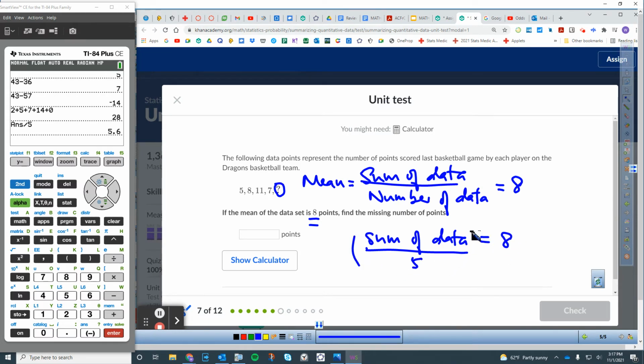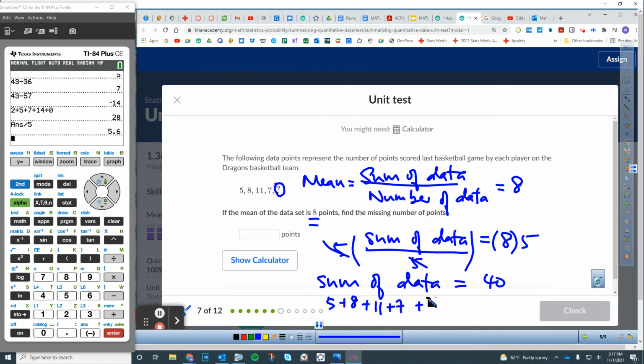Now, if we multiply both sides by 5, I can get rid of this 5 in the denominator, and that leaves me the sum of data equals 40, right? 8 times 5 is 40. So that means this plus this plus this plus this plus this gives me 40. So 5 plus 8 plus 11 plus 7 plus the question mark gives me 40.